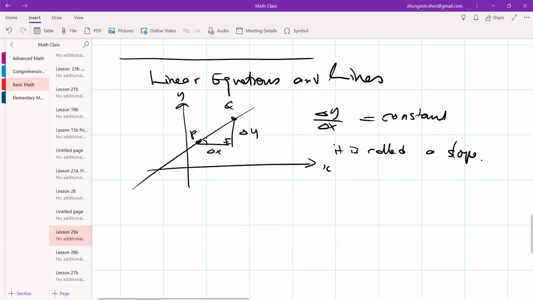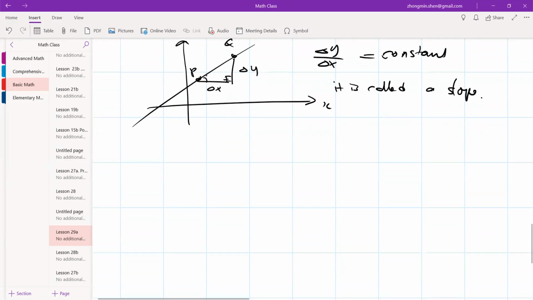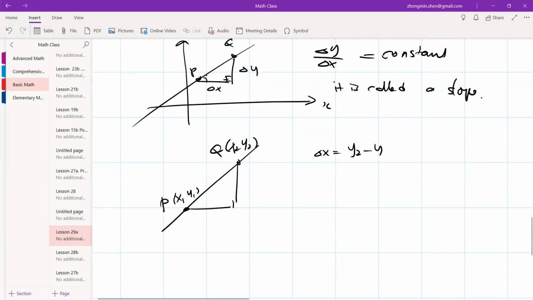So if you have a line here, and this point has coordinates x1, y1, and that point has x2, y2, the change in the y variable will be the difference of these, and the change in the x variable will be the difference of those coordinates.